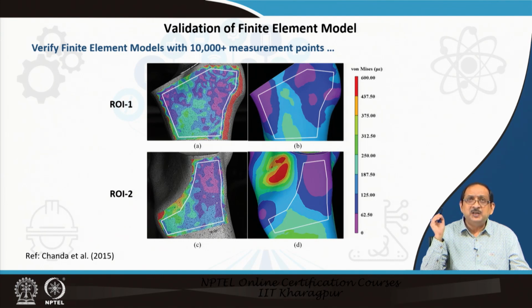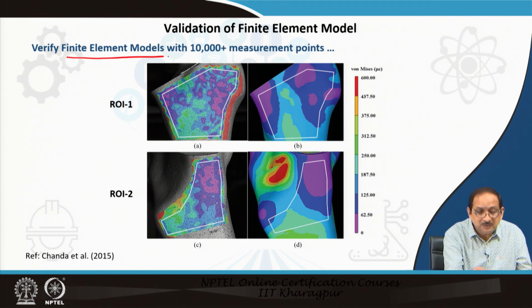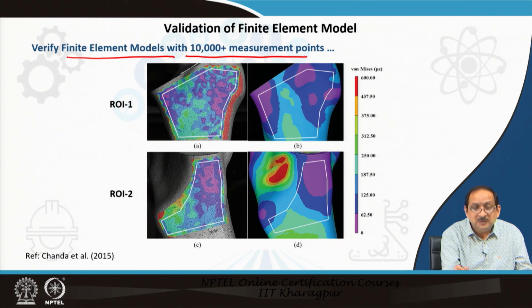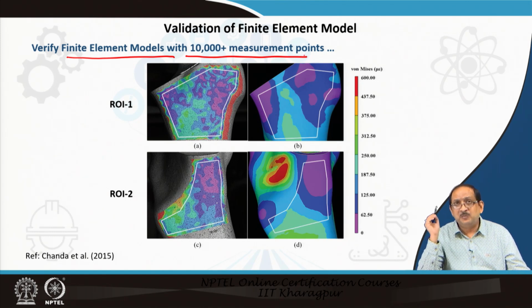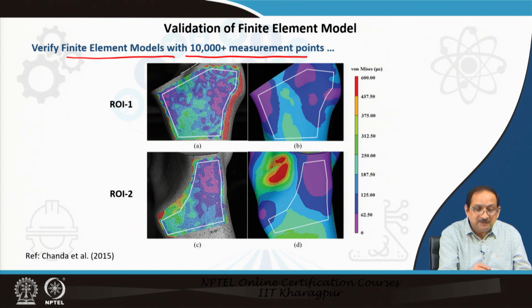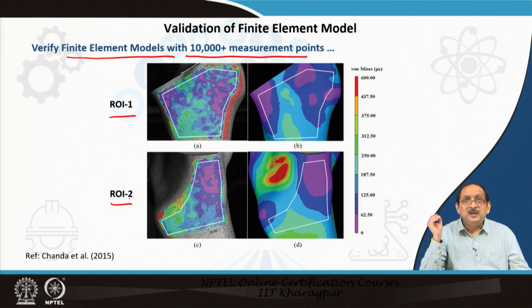Let me now present quickly the results. We have verified the finite element models with more than 10,000 measurement points. We are presenting results for region of interest 1 and region of interest 2, as can be seen in this slide.